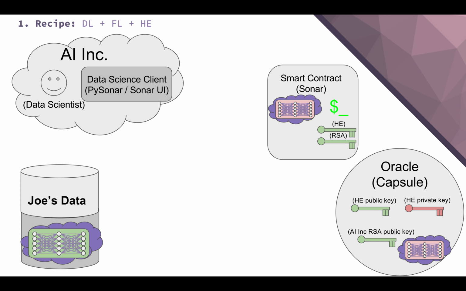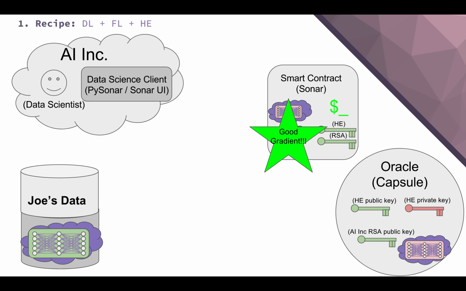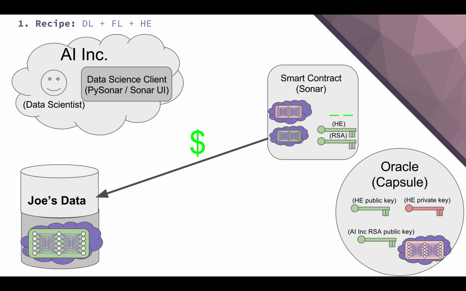Joe will train this encrypted model, and again push this trained encrypted model back up to the smart contract on the blockchain. The gradients will now be verified as good. Cryptocurrency will be shared with Joe as he has generated good gradients for this model. So now we have this trained model living on the smart contract.